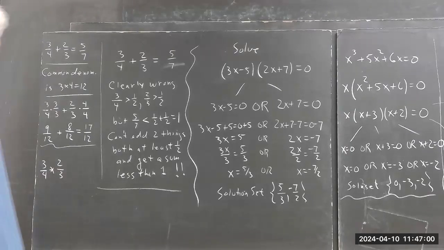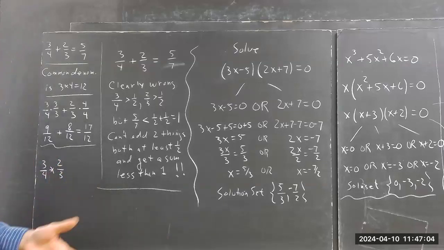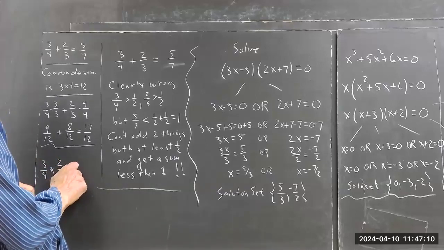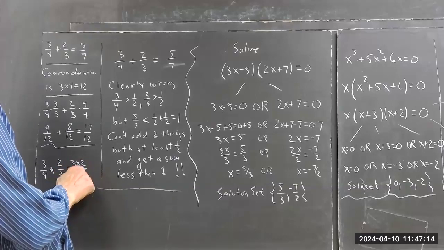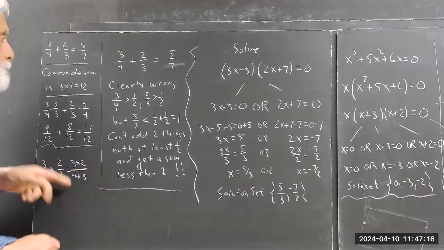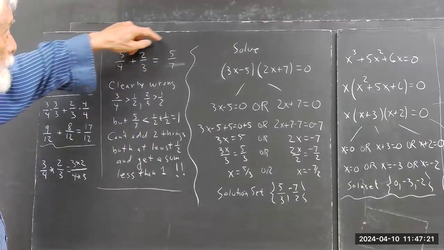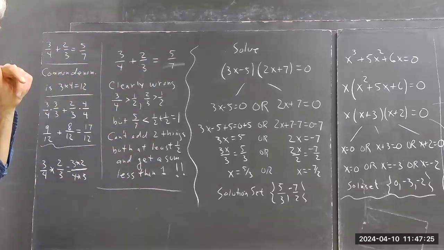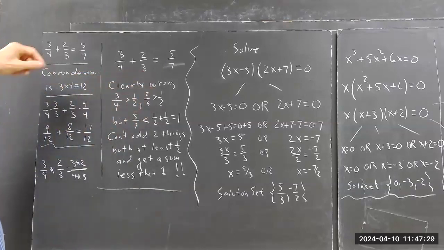Okay, most people are a little unsure of the rules. And as I said, you just got to practice. You got to do hundreds of these. Okay, 3/4 times 2/3 is 3 times 2 over 4 times 3. Now, this is what people want to do when they add, but it doesn't work for addition. We just showed that it can't work for addition unless you have the same denominator, and you wouldn't add the denominators, okay?